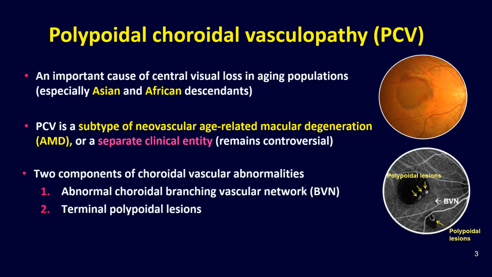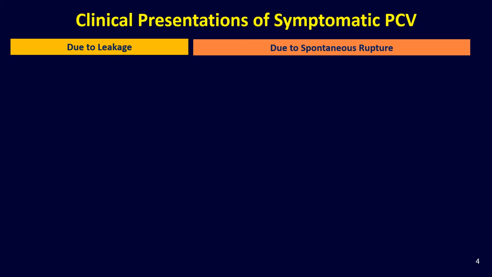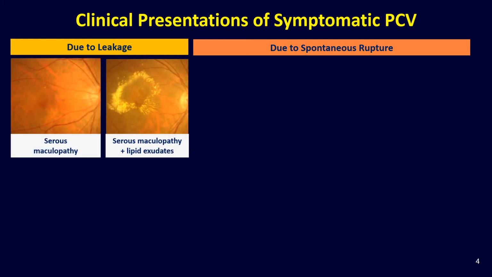PCV is an important cause of central visual loss in aging populations, especially Asian or African descendants worldwide. Clinical presentation of symptomatic PCV in clinic can be categorized into two forms. The first presentation is either serous maculopathy or serous maculopathy with lipid exudates.